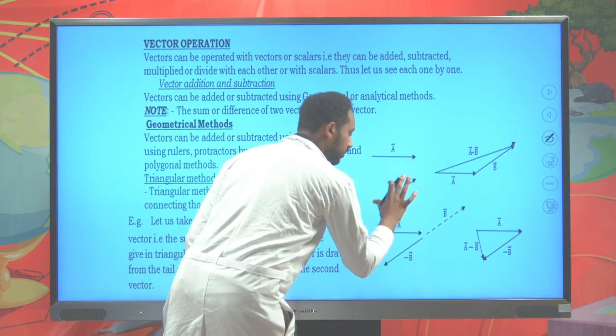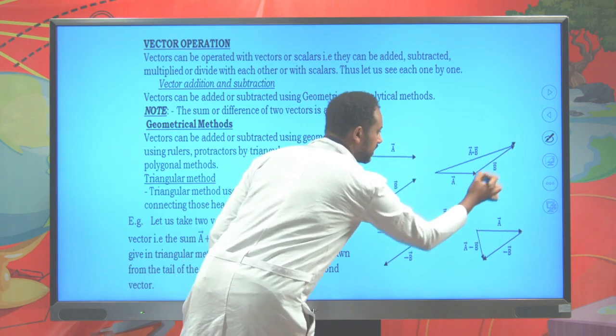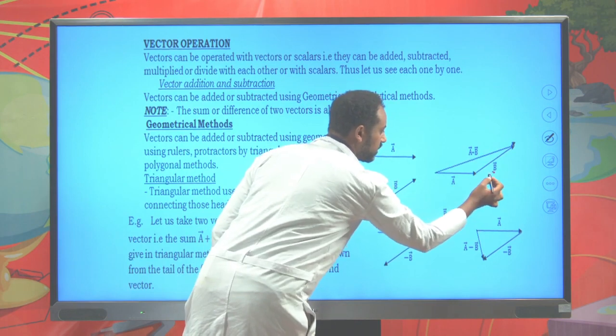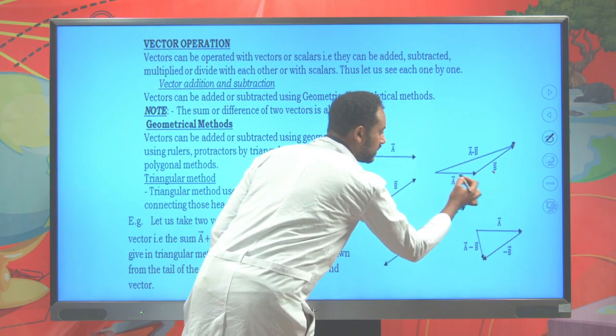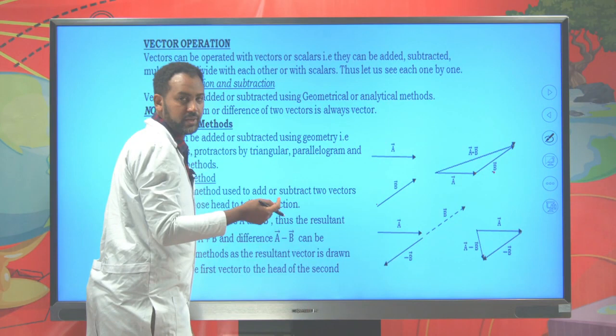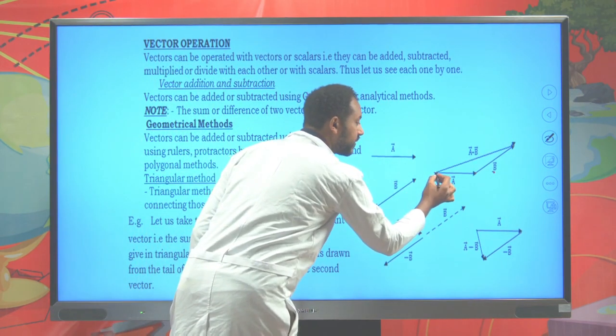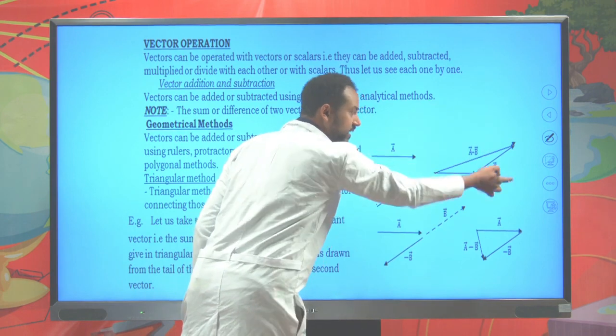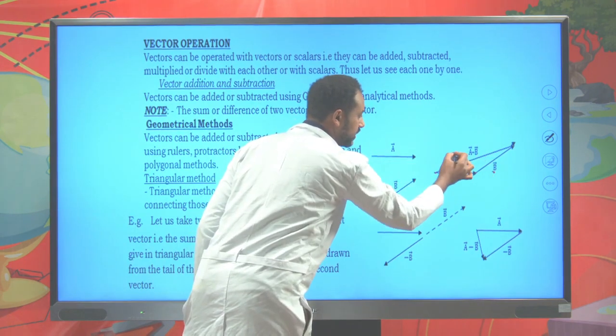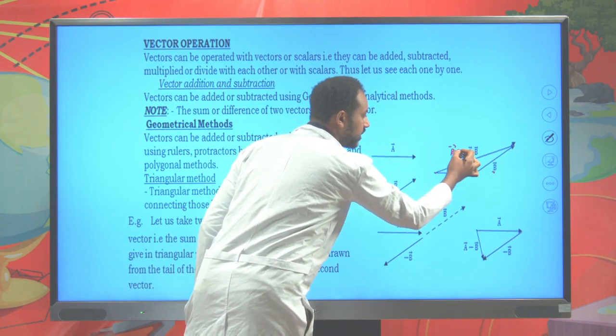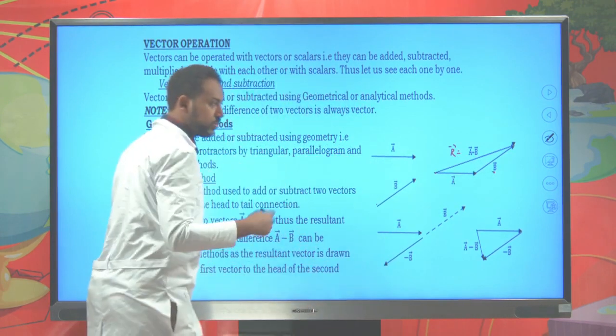The head of the first should be connected to the tail of the second, where the second is vector B. As you connect this, the resultant, from the tail of the first vector to the head of the second vector, gives you the resultant vector. This is the summation of the 2 vectors.